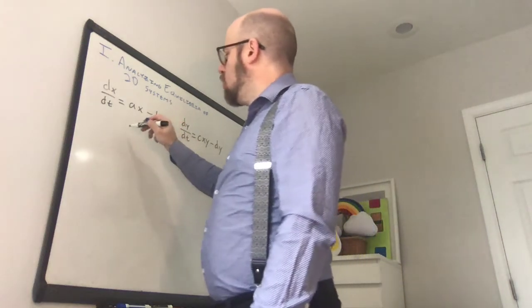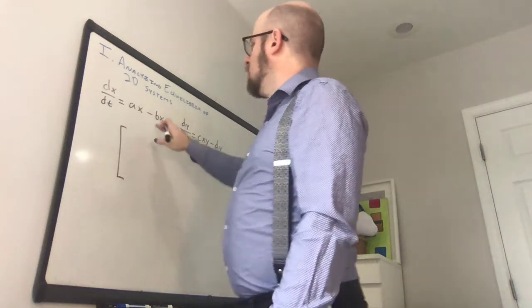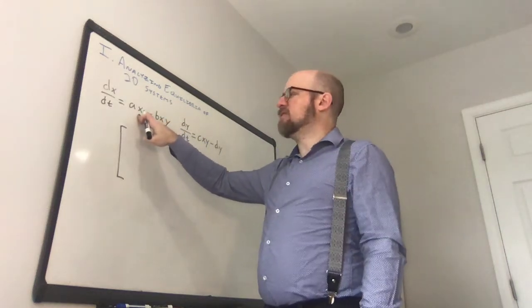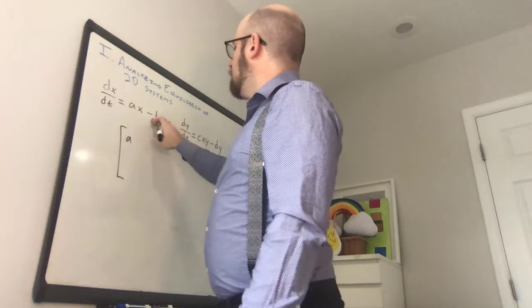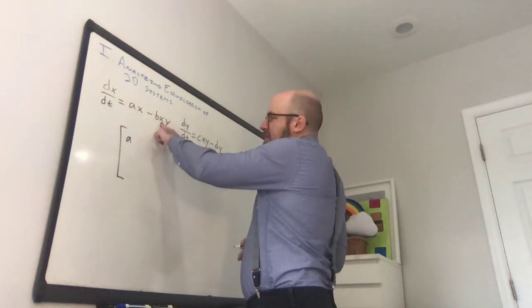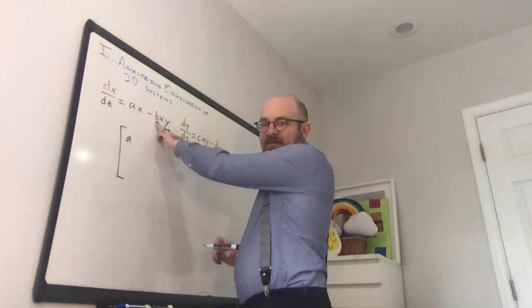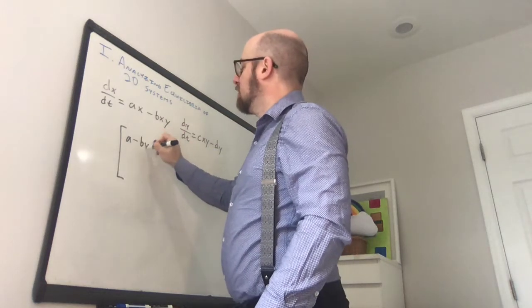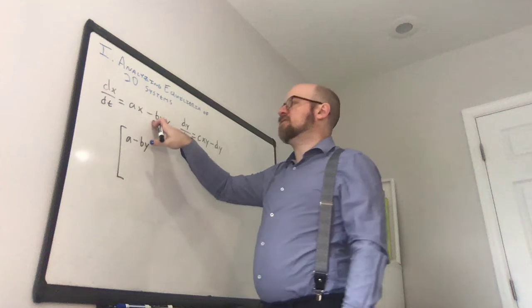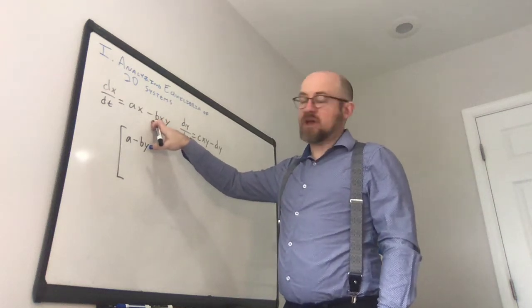And if we do the Jacobian, we take first the derivative of this with respect to x. So that's a minus by, since x is the variable and everything else just acts as a constant. So a minus by is going to be our derivative with respect to x of this equation.